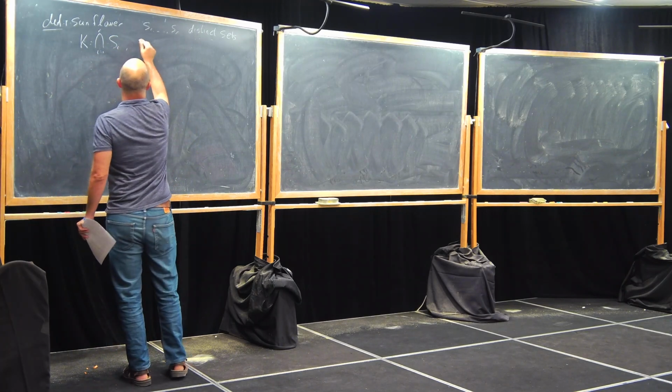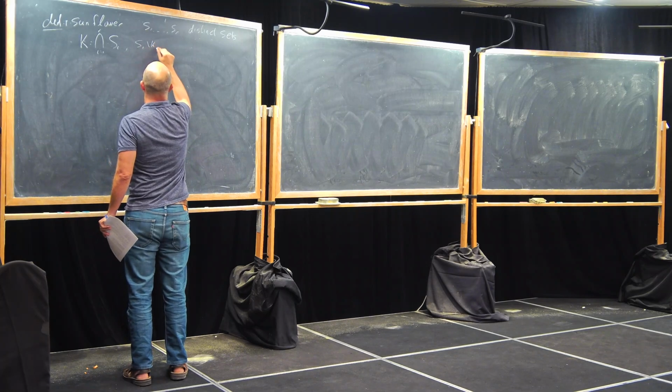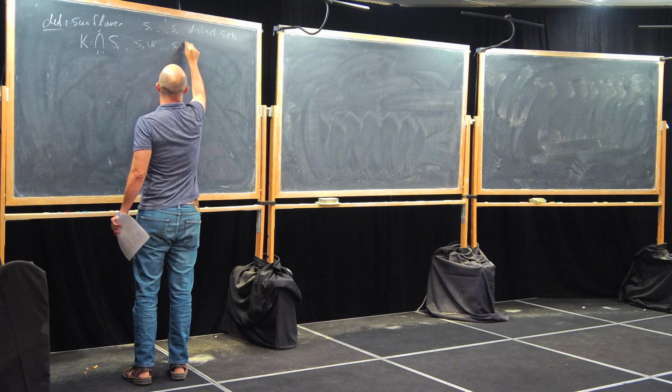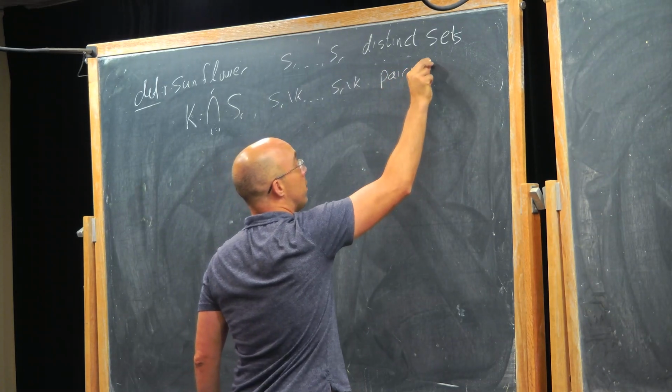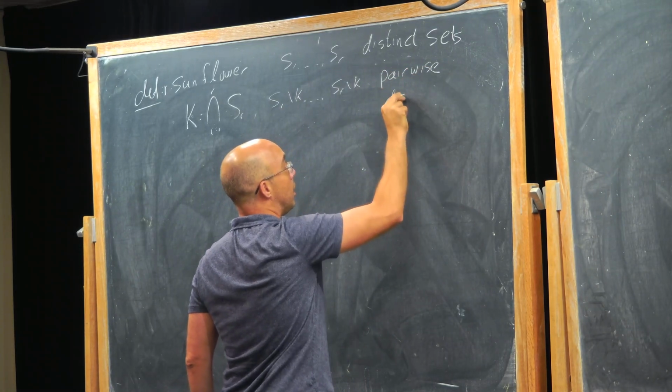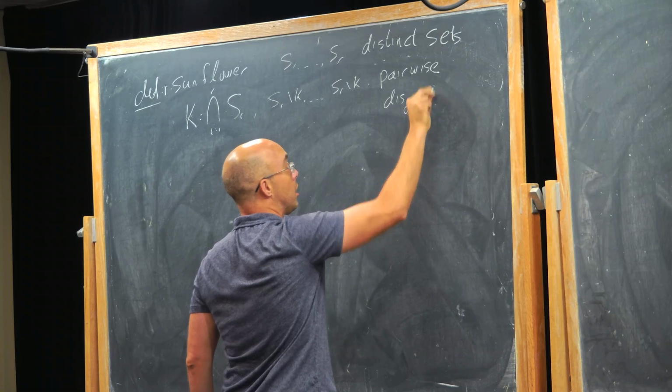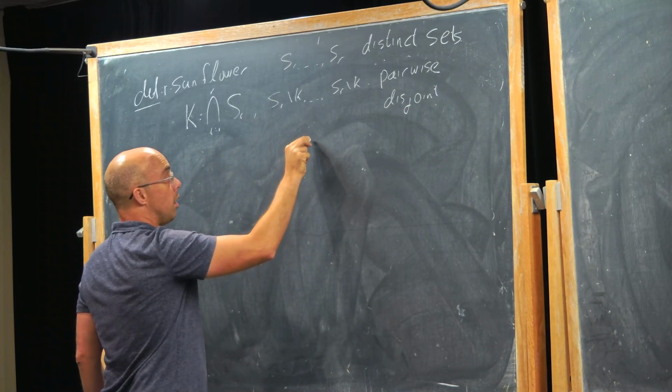So that S1 minus K up to SR minus K are pairwise disjoint.